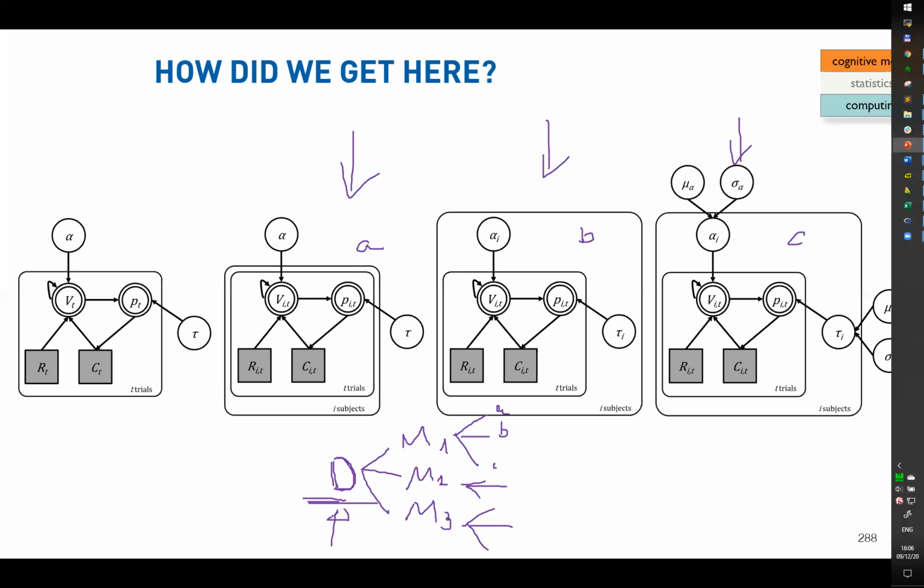But the data is always the same. So as long as this condition is met, the data is the same, then we can compare, okay? This is from the mathematical perspective, in the sense that we don't care about the cognition and the hierarchical structure.